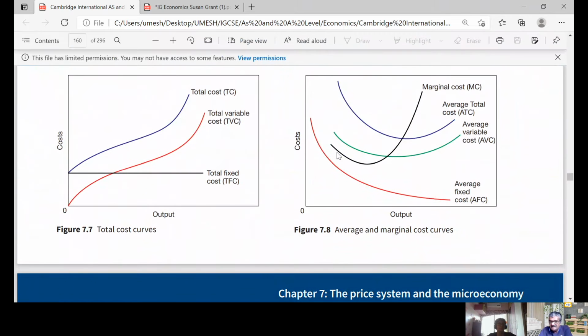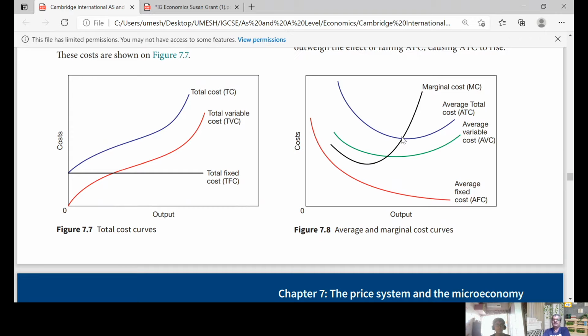If you see the black line, which is the marginal cost, and the average cost line, which is the blue line, it is always rising after a point where MC is equal to MR. This will be the turning point for the firm to decide what should be the output of the product that they are making.